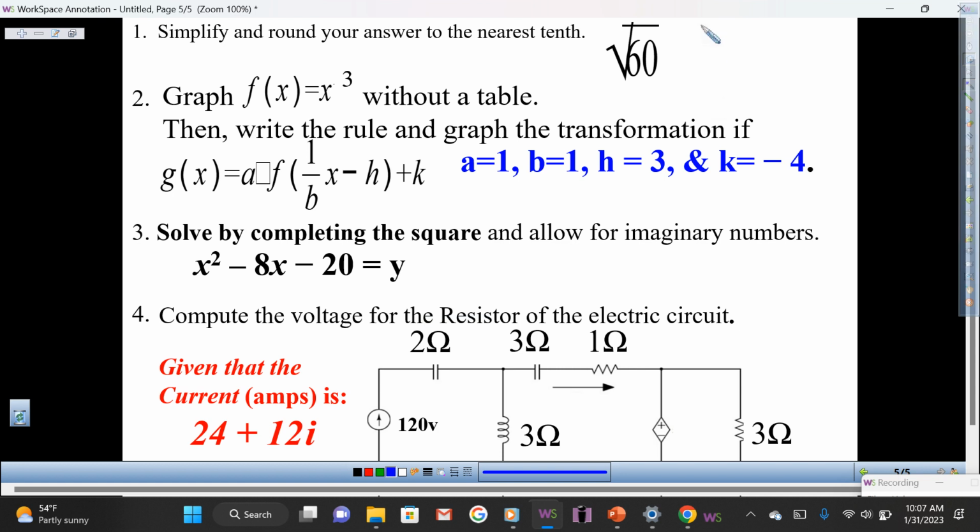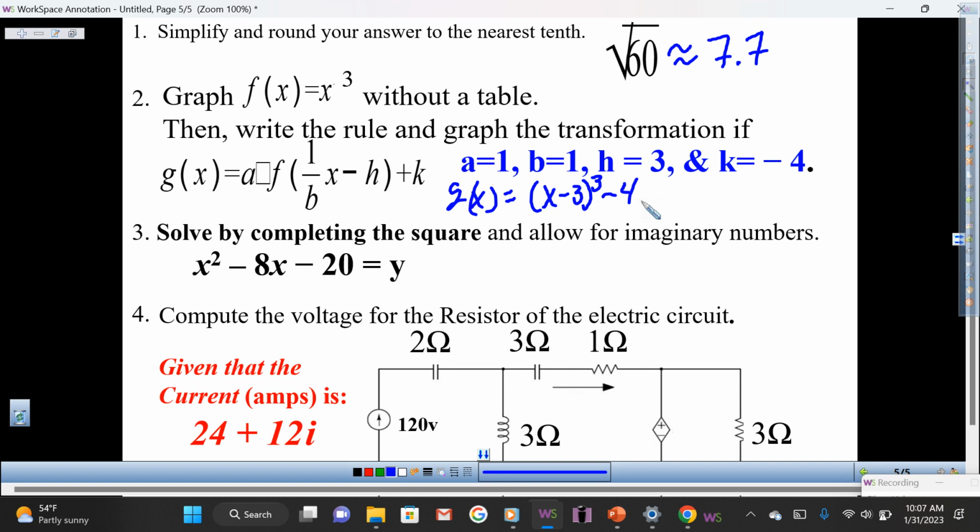Approximately 7.7, that is correct. Number two, our general rule should be g of x equals parentheses x minus 3 cubed minus 4.